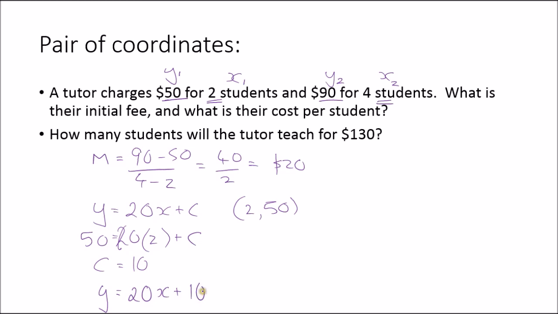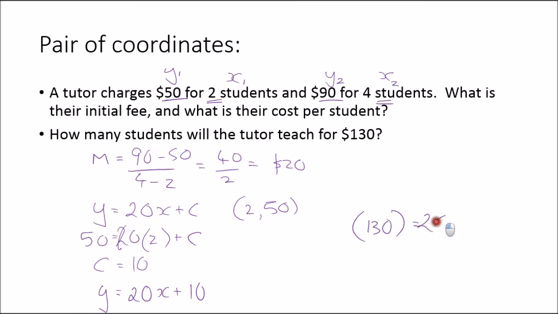Now the question that I've been asked here is how many students will the tutor teach for $130? So this is an example of how we can use this linear relationship to make predictions or do calculations. Now in my previous one I had an x value that I knew, and so I found the y value. In this case I've got a y value and I'm going to find the x value. So all I do is I substitute for y.